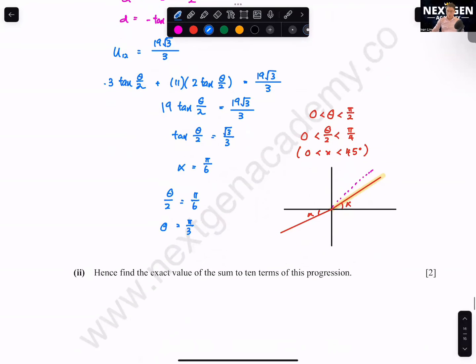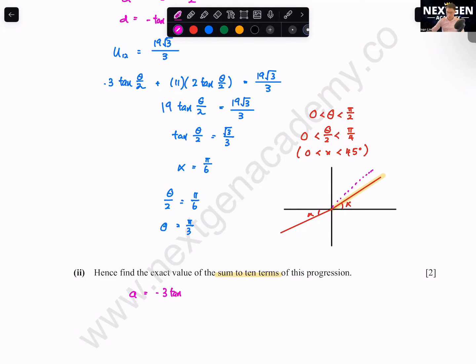Okay, question 2. Hence, find the exact value of the sum to 10 terms of this progression. Okay, sum to 10 terms. So you follow the formula of the sum to 10 terms. So we write down the values that we have first, your a and your d, according to the data that you have. So a is equal to negative root 3 tangent pi over 6.